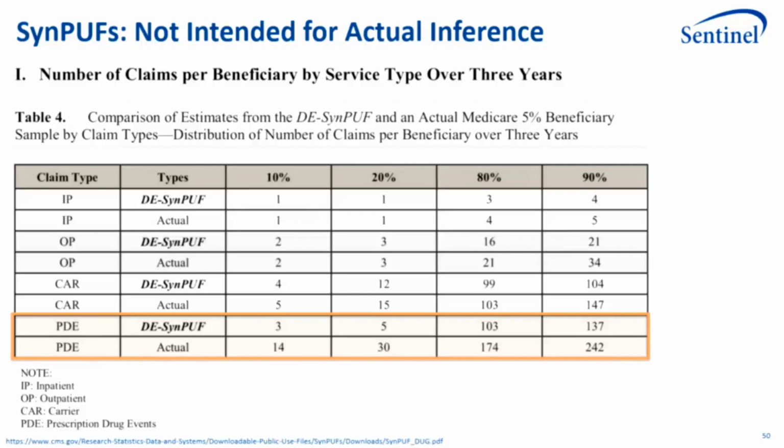So this is the drug utilization information that's available in the synthetic public use file. It's comparing the synthetic public use file to the actual CMS file. You can see that the number of events for the synthetic public use file is very different than the actual file. It's about half, or it's a big difference. So just to emphasize that again, it's not intended for inference, it's just intended for training, but we utilize it because it's publicly available and everybody can see it.